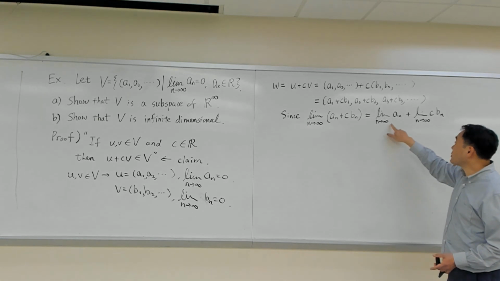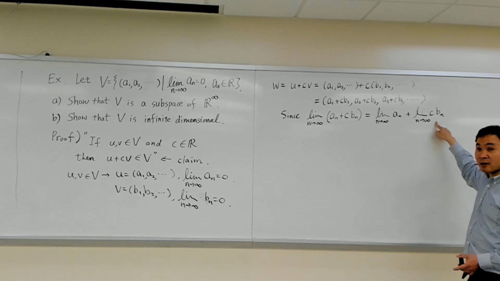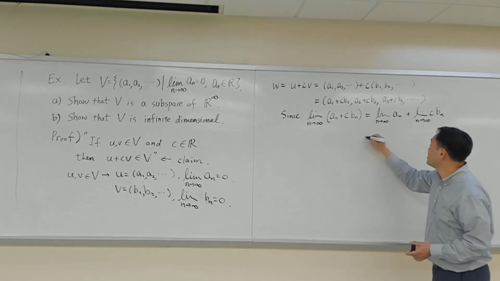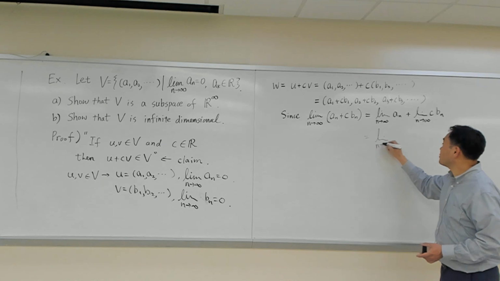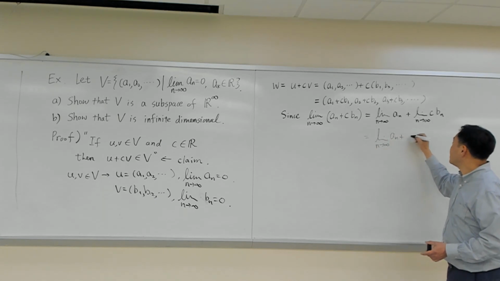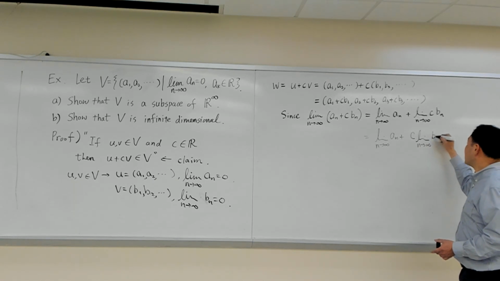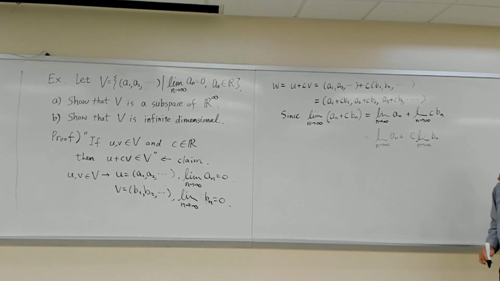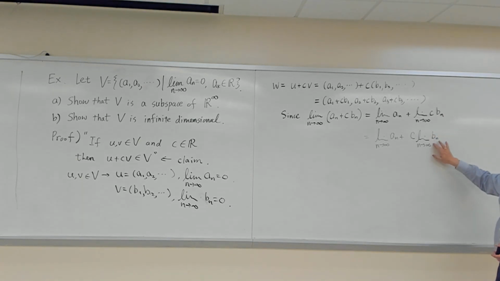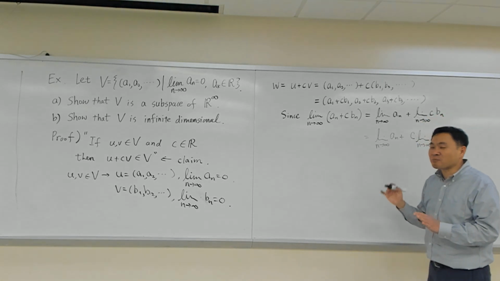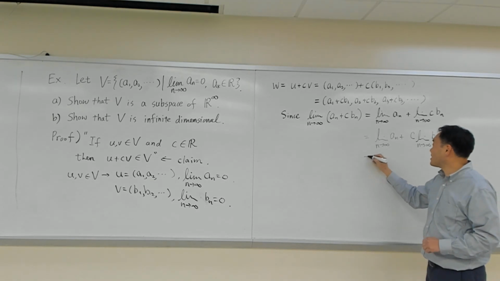This one I know is 0, but this one I don't know yet, right? We only know that this is equal to the limit of An, and then C times the limit of Bn. So I should really write down this is equal to this first, show that that's 0, and then do the other one. I'm being slightly sloppy, but I think this is forgivable.